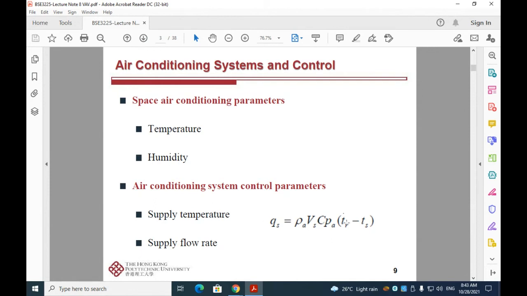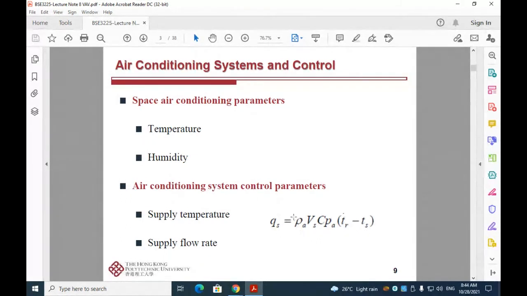If you look at the equation on the right-hand side, this equation is on the sensible heat, how you can calculate the sensible load of an HVAC system. It is related to the density of the air, the supply flow rate, and the specific heat of the air, and T sub R is our aimed control temperature for this enclosed environment, and T sub S is our supply temperature.